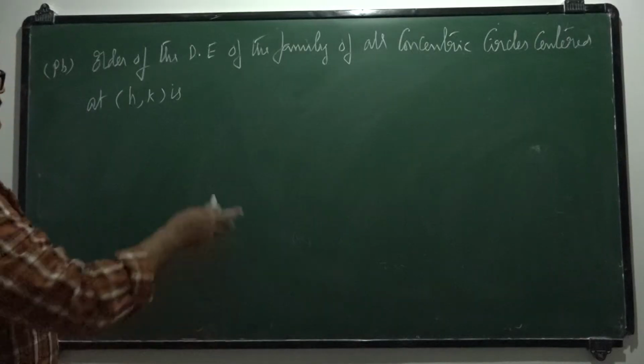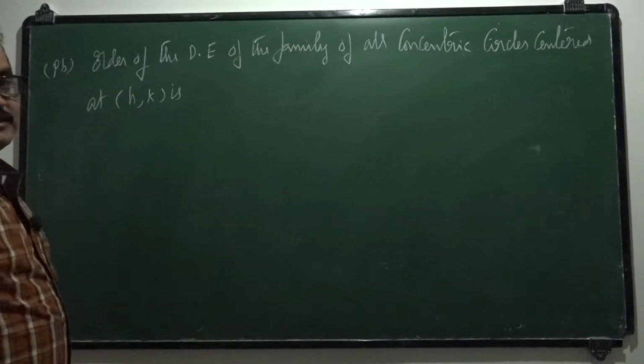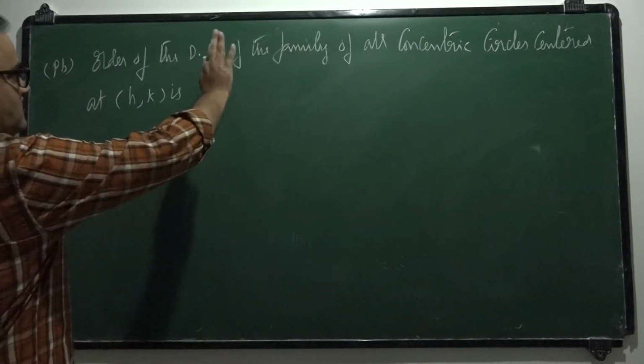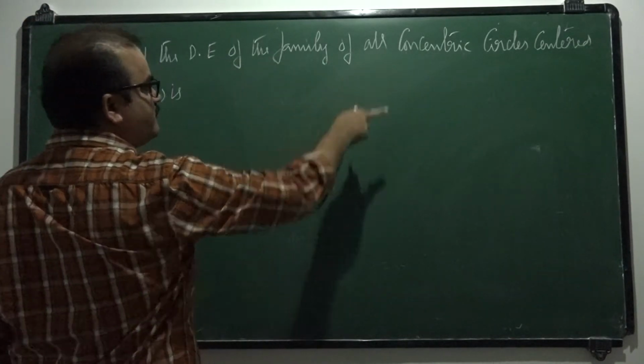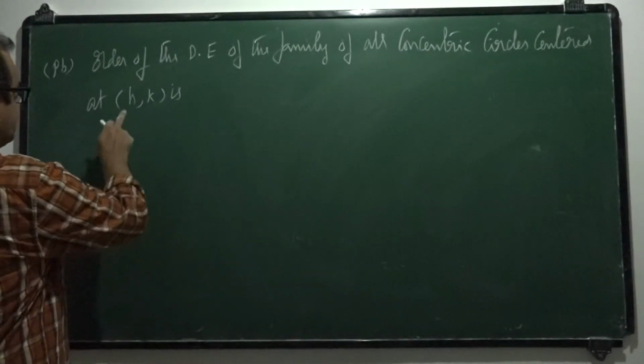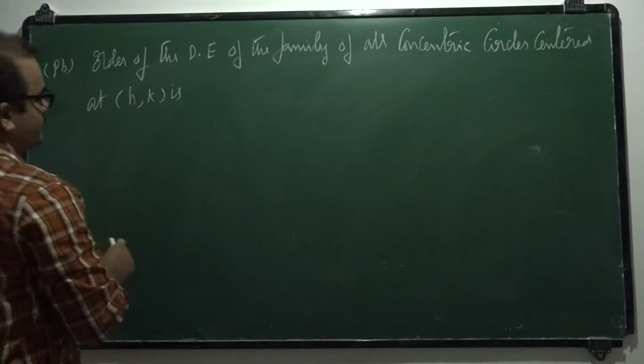See here, the differential equation is not given. First of all, we find the differential equation of the family of concentric circles centered at (h, k).